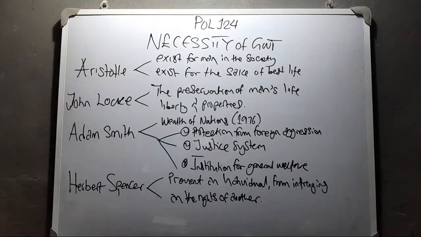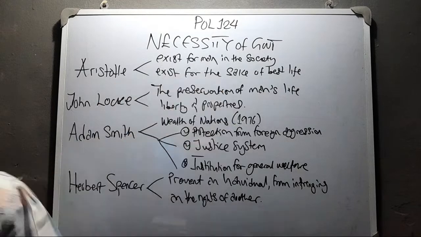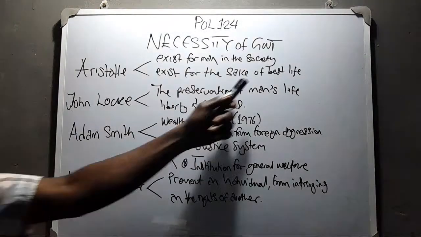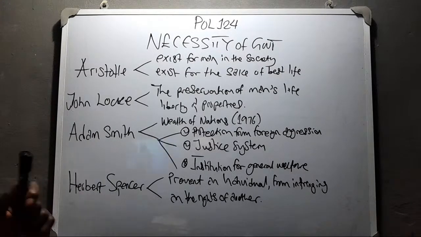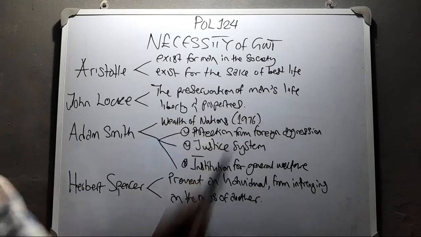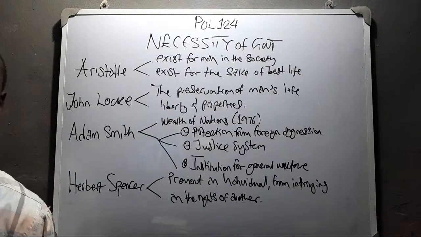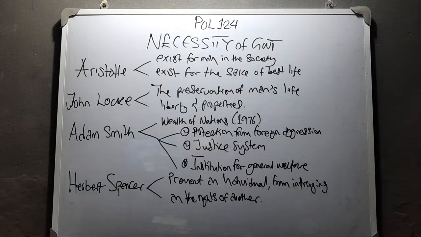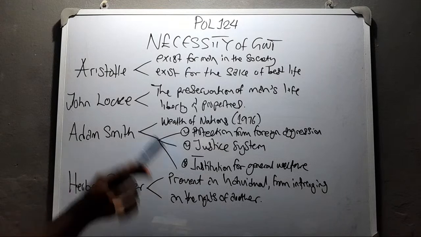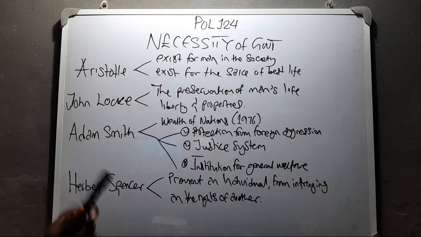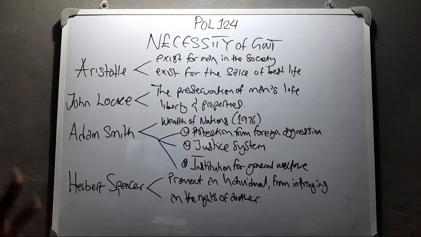So according to Aristotle, it exists for man in society and for the sake of having that best life. Now, John Locke says it exists for the preservation of man's life, liberty and properties. And we have Adam Smith. According to Adam Smith, in his book Wealth of Nations that he wrote in 1976, he categorized these necessities of government into three different places.